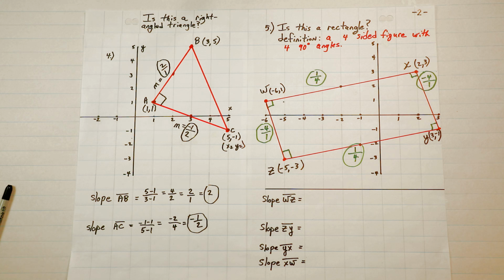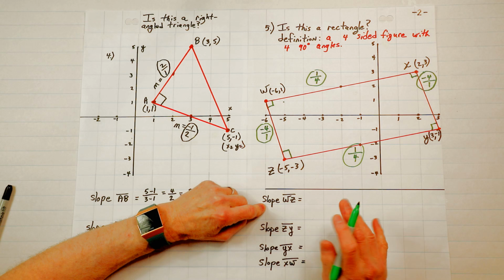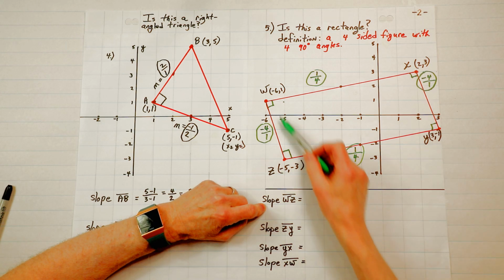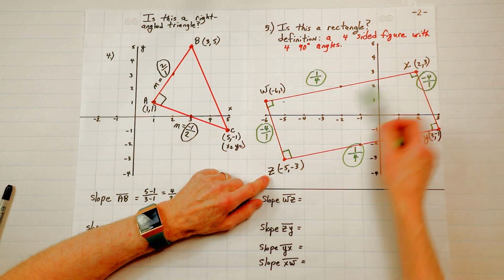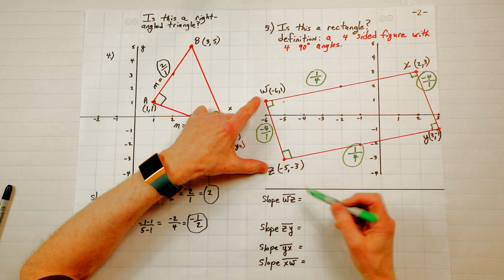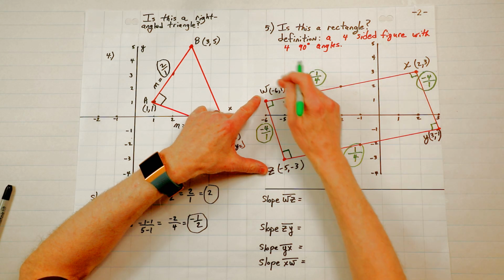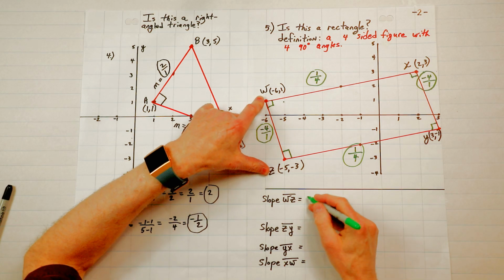Okay, let's do this part. And remember, we've got negatives here. Three of the points have negatives, so we have to be careful. I'm going to start here. I'm going to do ZW, so that this is going to be my x2, y2.